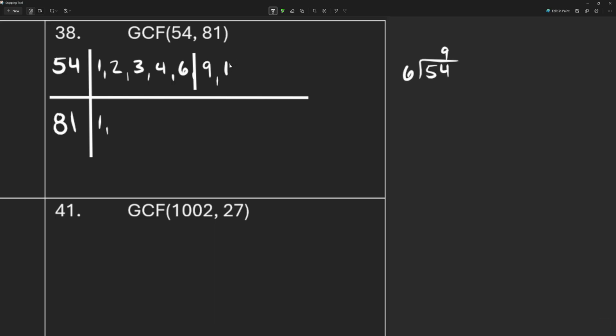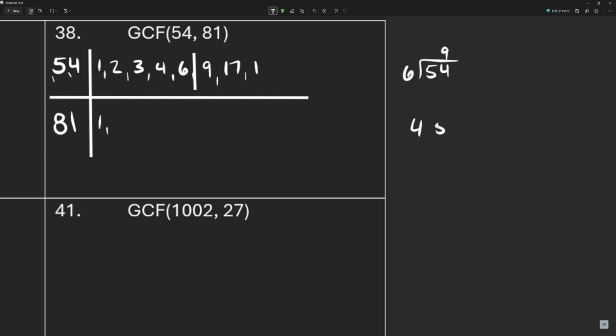4 goes into 54... 3 goes into 54 8... What is that? Is that true? 4 goes into 54... Wait, does 4 not go into 54? It must go into 54. Give me 1 second.